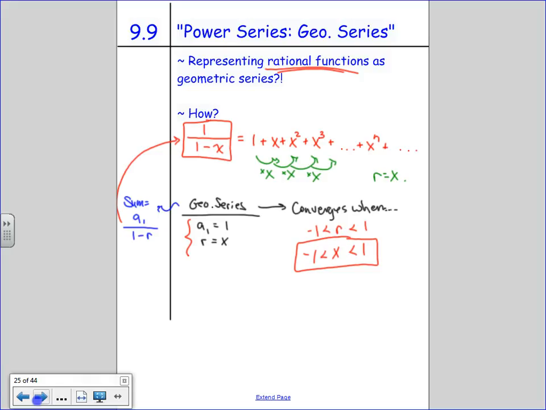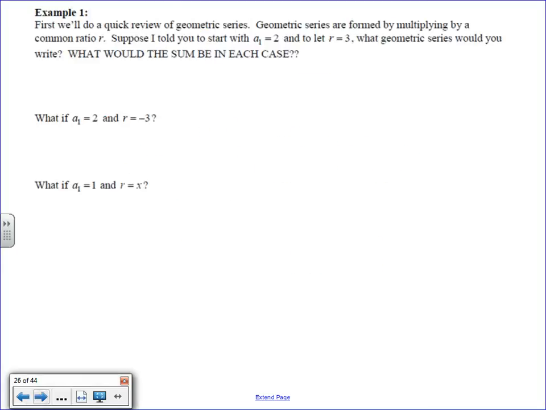Okay. Let's keep going. Example 1, notes. Quick review of geometric series. We've been there, we've done that. It's been really recently, right? Suppose I told you to start with a sub 1 equals 2 and to let r equal 3.